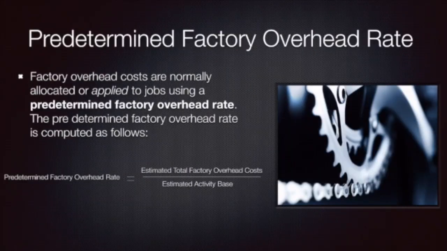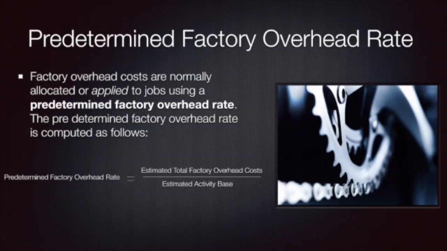Next, we get the predetermined factory overhead rate. Now the factory overhead costs are normally allocated or applied to jobs using a predetermined factory overhead rate. Since we can't use the actual cost, we use the estimated overhead instead. The predetermined factory overhead rate is computed as follows.